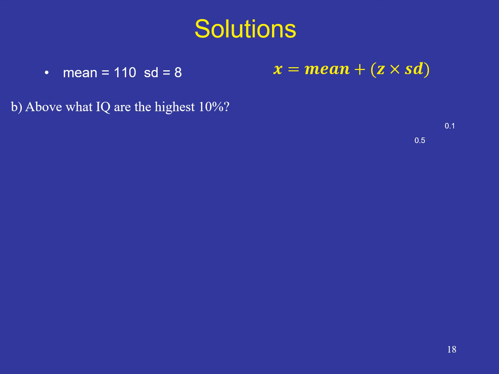Part B says, above what IQ are the highest 10%? So on our picture, we're interested in a probability here of 0.1. So we want to find this IQ here on the scale. Now the tables give you the probability to the mean.